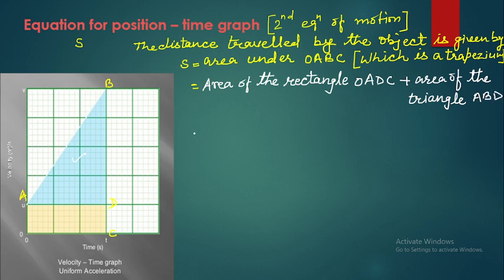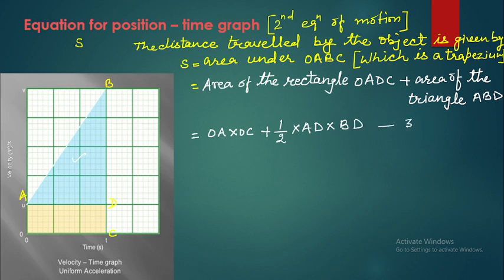We know the area of the rectangle is width into length. So OA into OC, where OA is the width and OC is the length, plus the area of the triangle, half into base into height. In this triangle the base is AD and the height is BD.